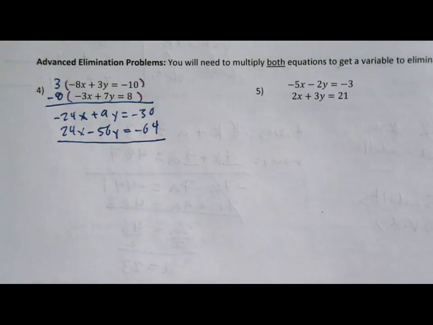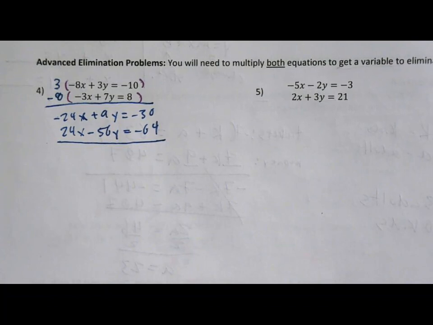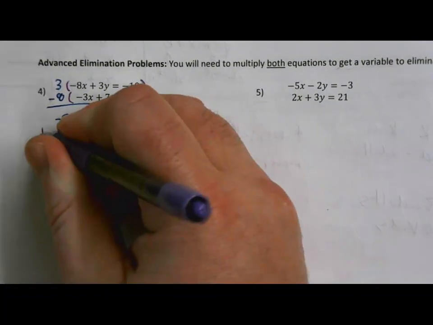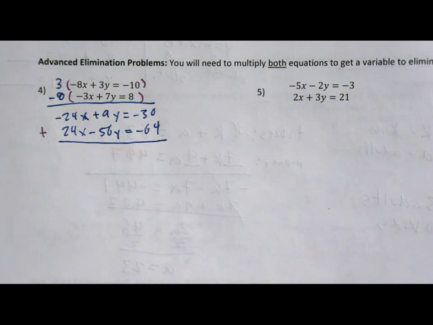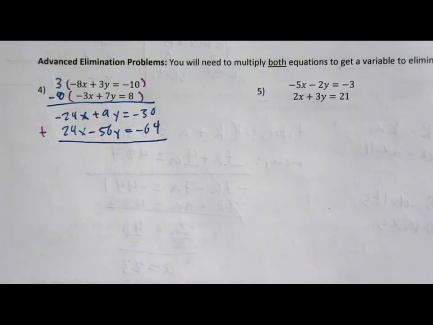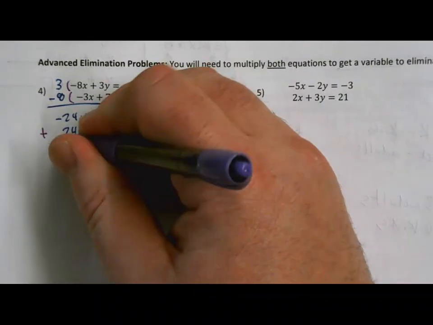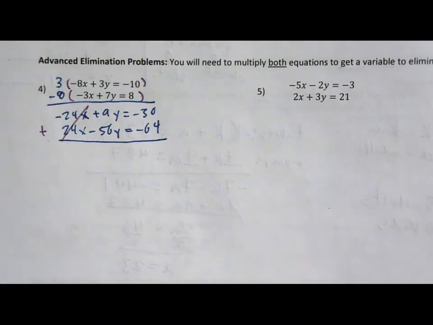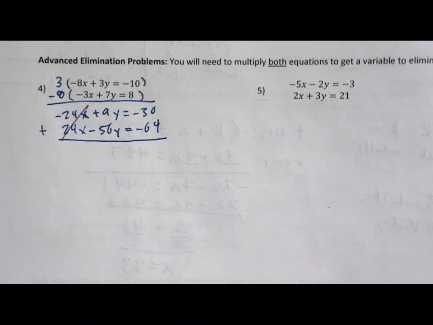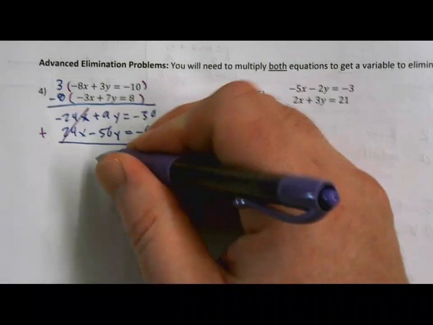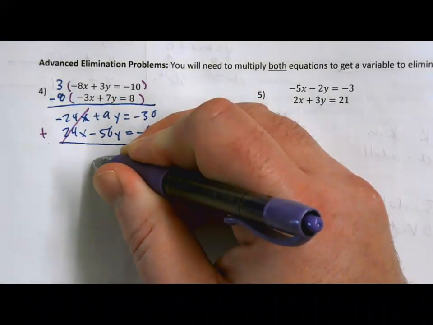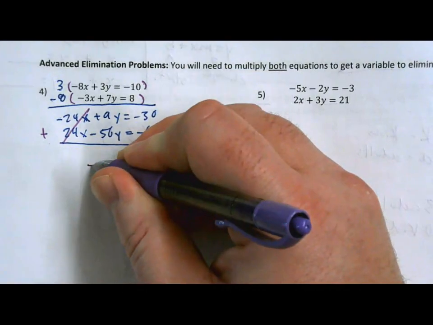And now we should be able to eliminate. Are the x's going to eliminate? Were we successful? We were successful. So we're going to add these 2 things up. The x's eliminate. +9 and -56 is -47, I think.